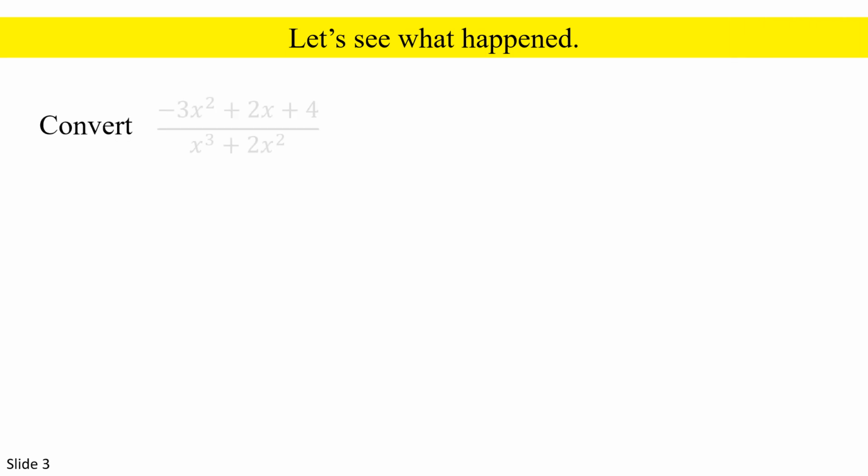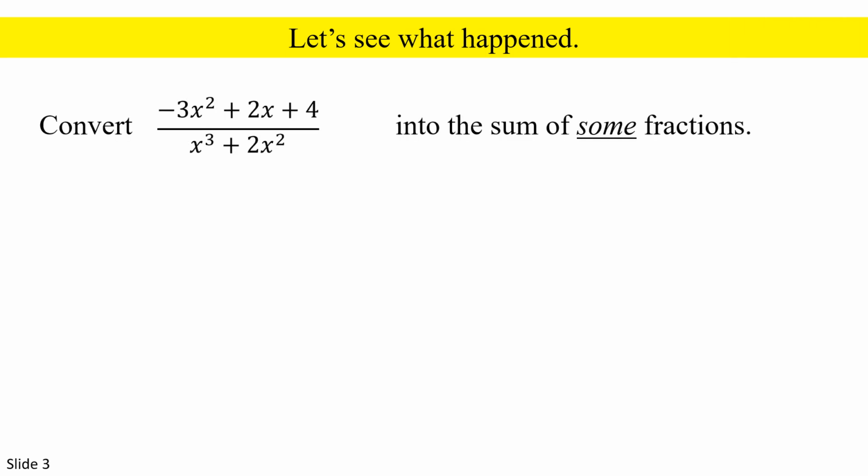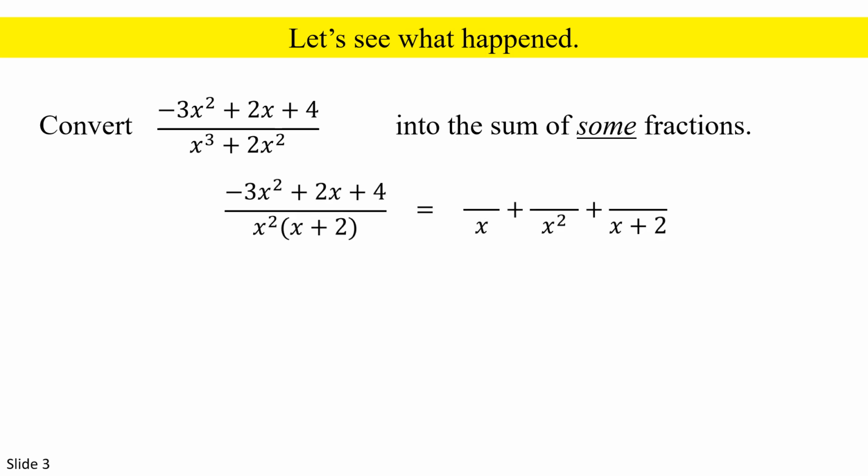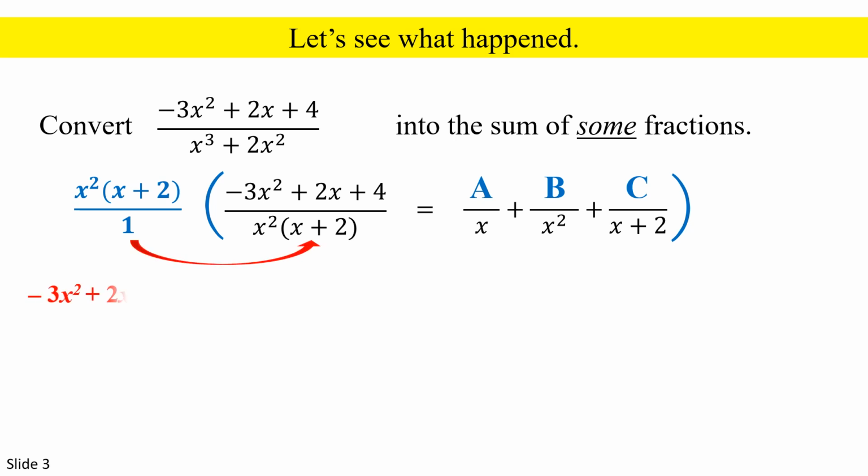Let's see what happened. So we're going to convert this into the sum of some fractions. Our denominators are x squared and x plus 2. So we use placeholders, and then just like before, we're going to clear fractions, doing the same thing we've been doing all along.